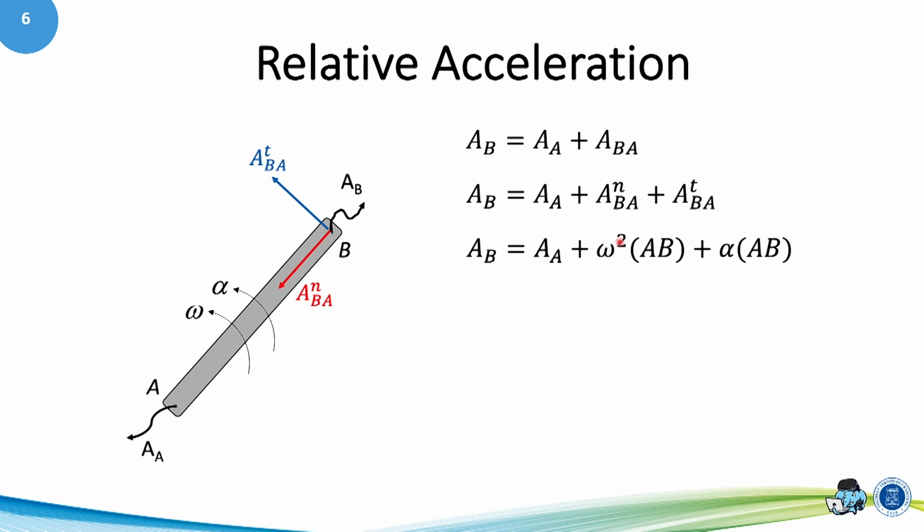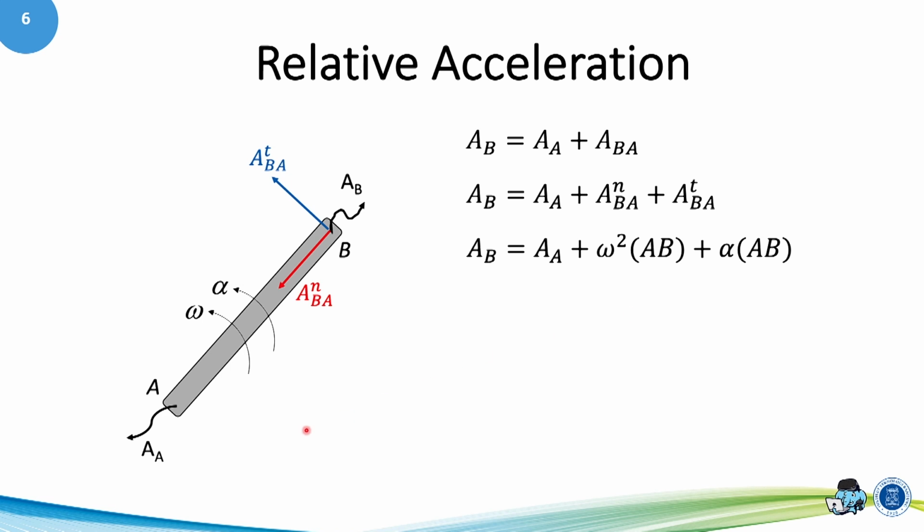So we know that the normal component of the acceleration is omega squared times r. And here r is the distance between point A and point B. And the tangential acceleration has the equation alpha multiplied with r. R again is the distance between point A and point B.